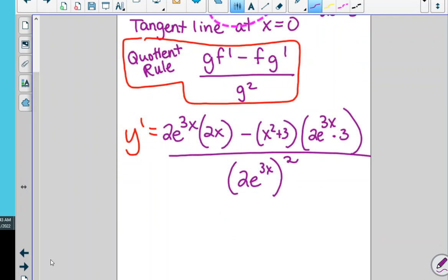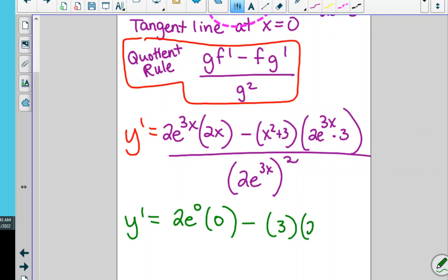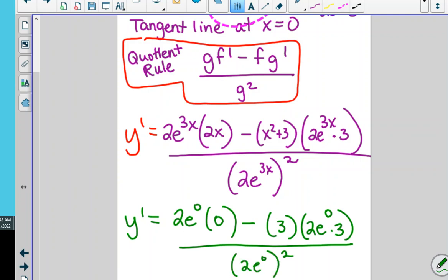Now, luckily, we do have a calculator to help us get through these computations. Every little section, you might want to address individually. So when I put a 0 in for x, I get a lot of that, okay?